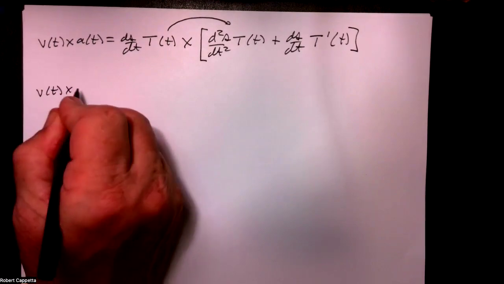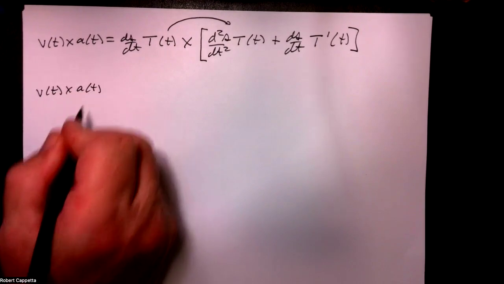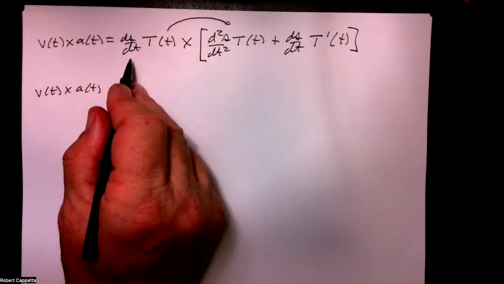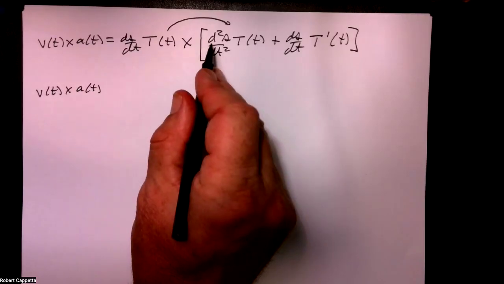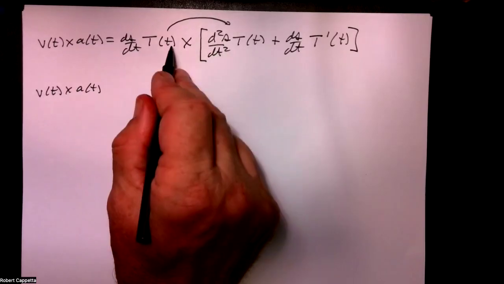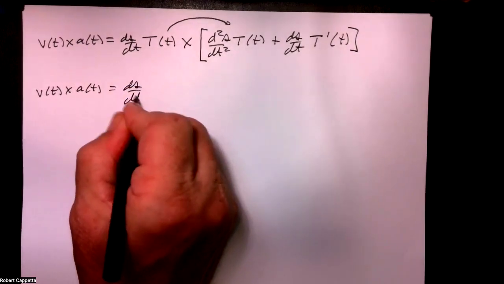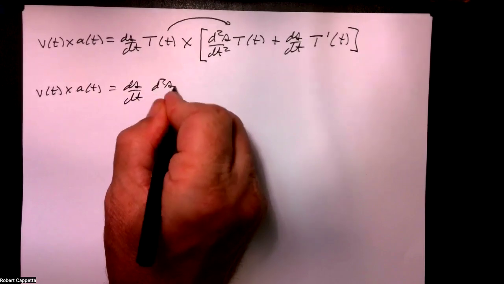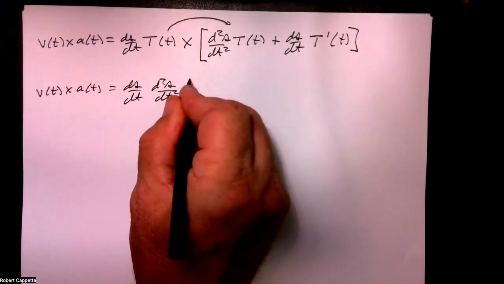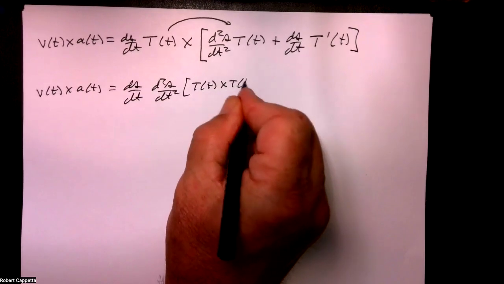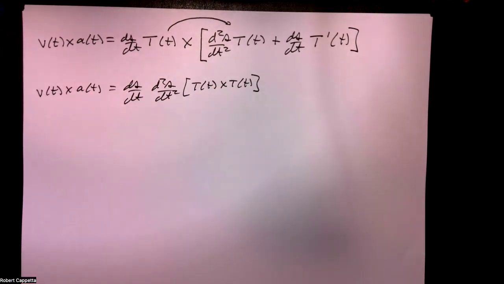So we have v of t cross a of t. What do I get? I have ds/dt times d2s/dt squared, T of t cross T of t. Now, what is that going to be? Can you think about that before I move on to the next piece?